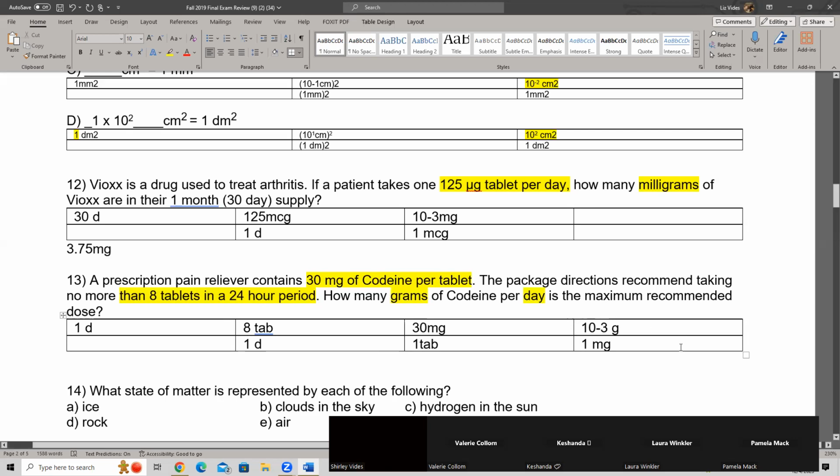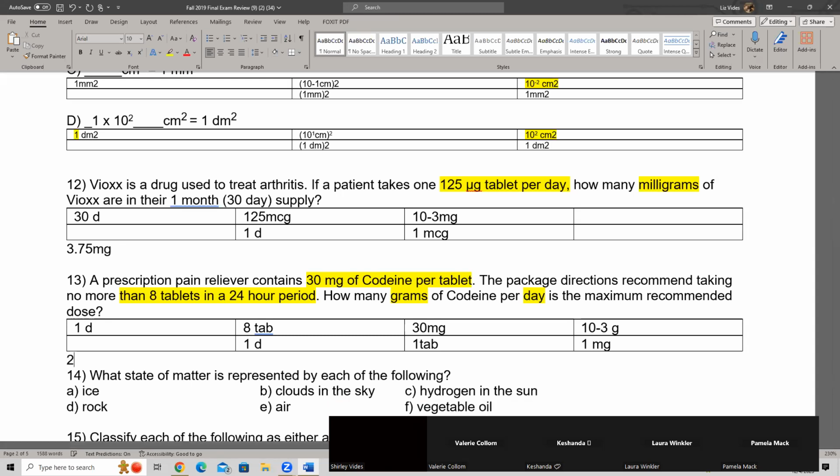And like I said, sometimes if you just multiply, you don't have to worry about the 10 to the negative 3. So just 8 times 30, there's nothing to divide it by. So I will get 2.4 times 10 to the second, right?